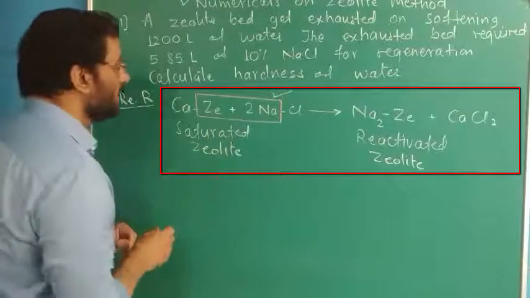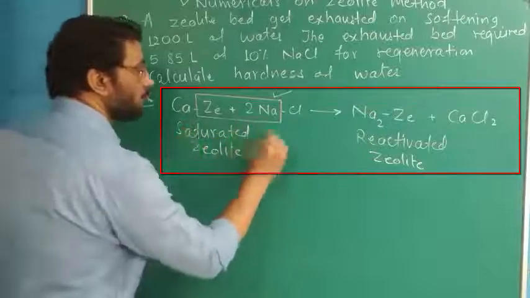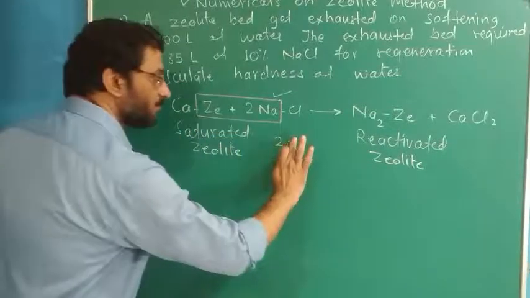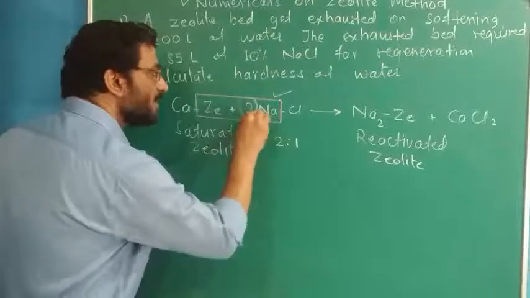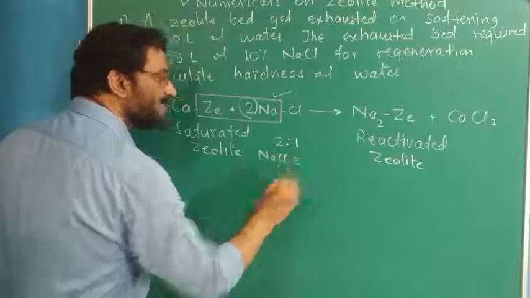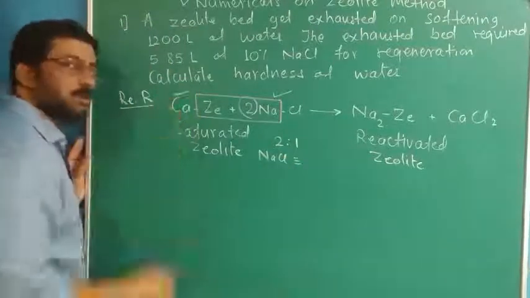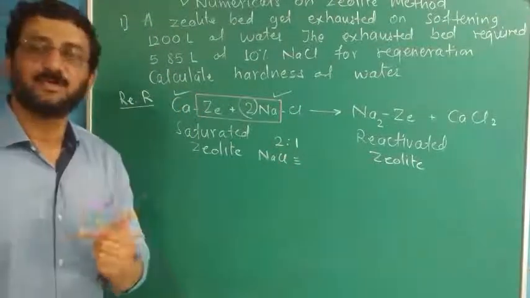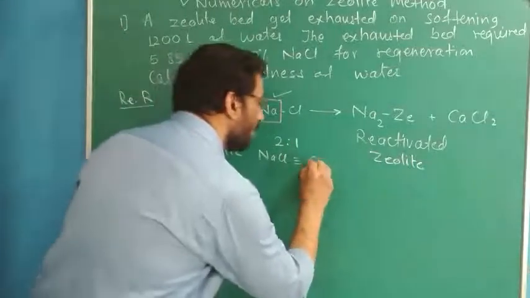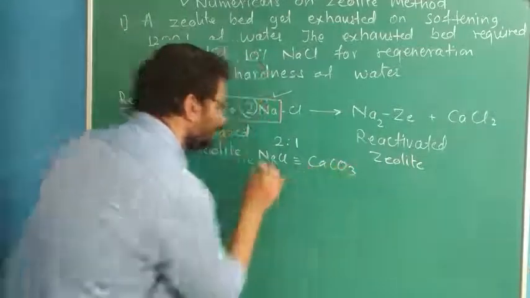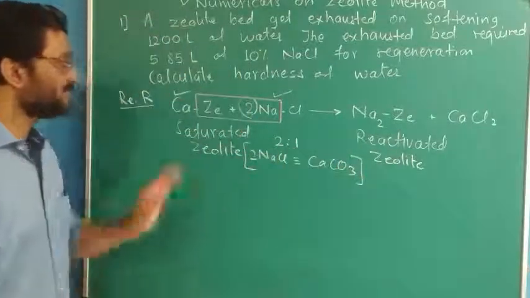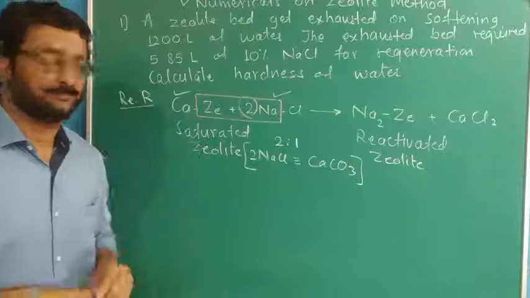By what? By a 2:1 reaction. What is that? 2 equivalents of NaCl are required for removal of 1 CaCO3 equivalent hardness. It is a 2:1 reaction. Let us get this part clear.